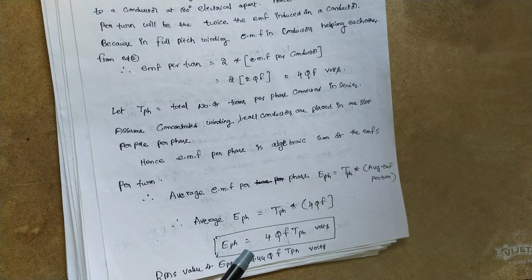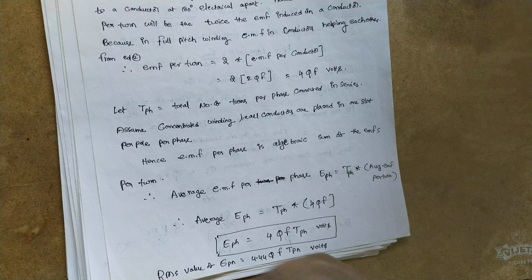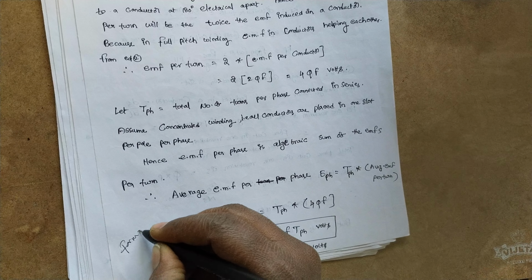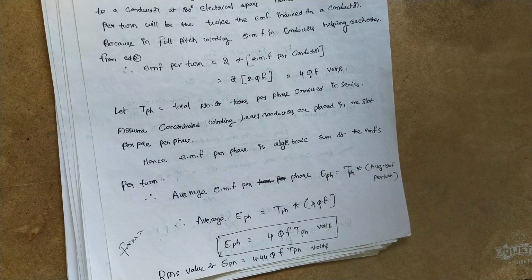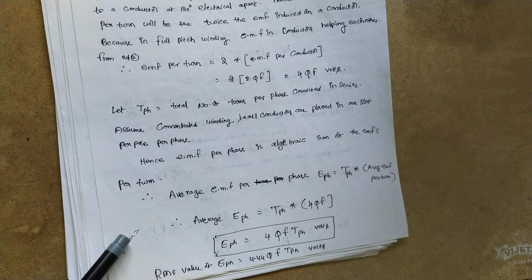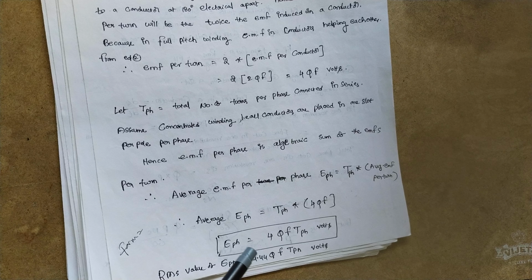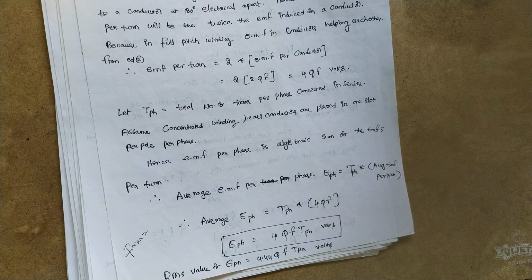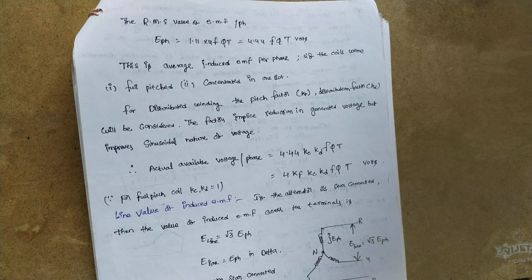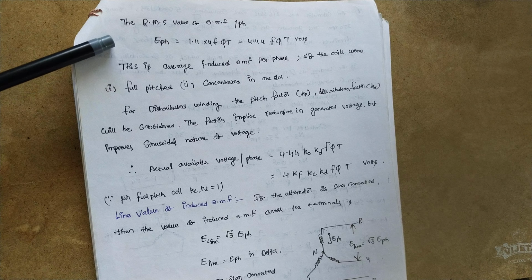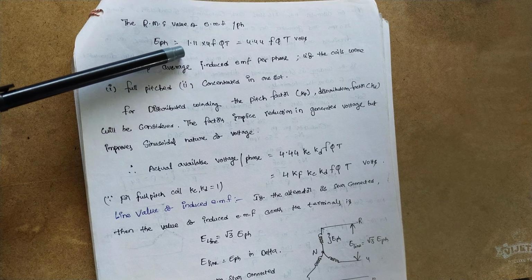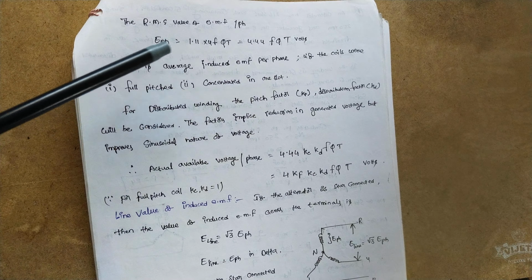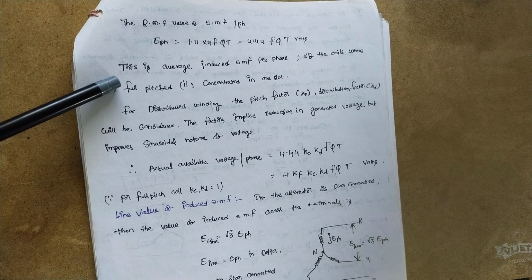So RMS value equals form factor multiplied with the average value. This is the average value of E phase, and we multiply. Now the RMS value of EMF is 1.11 times the average induced EMF per phase, that is 4.44 pi f T turns per phase.